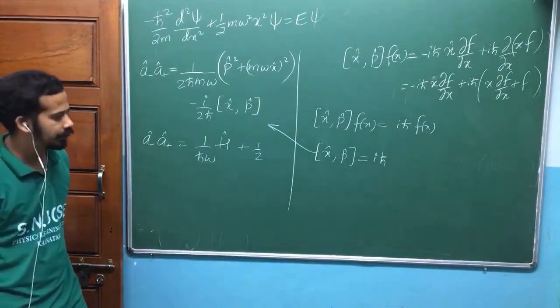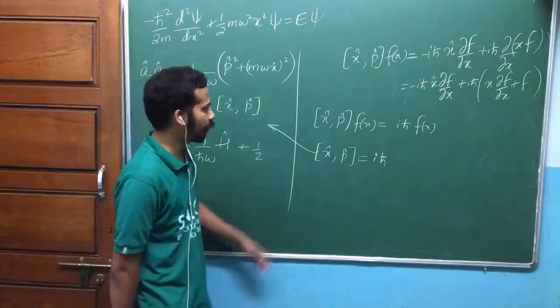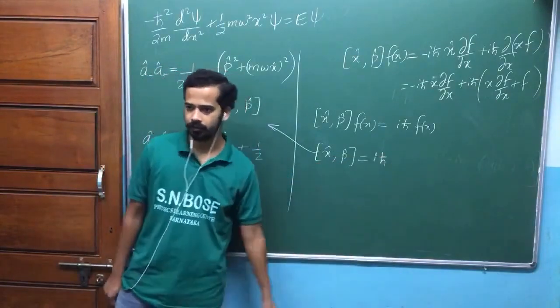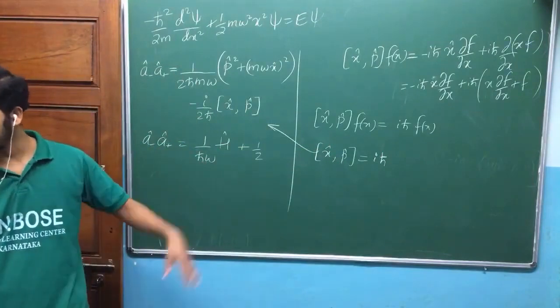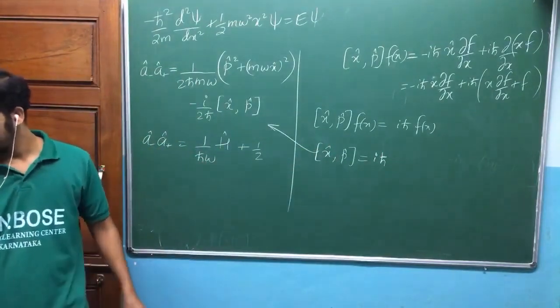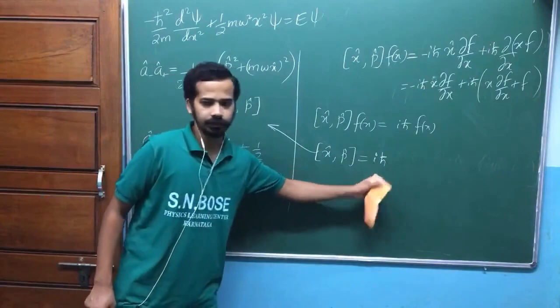He may be thinking, what if this is operating on a constant? You get i h bar into that constant. You don't have to worry. Again, that's a kind of identity operator, the identity operator multiplied with i h bar.